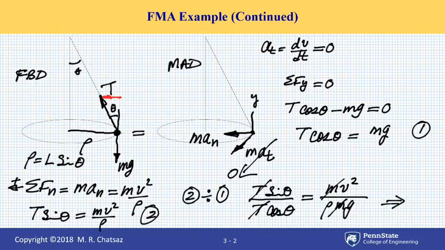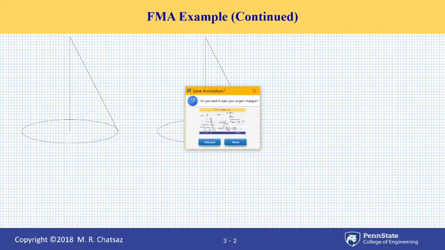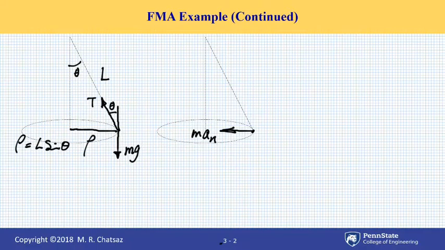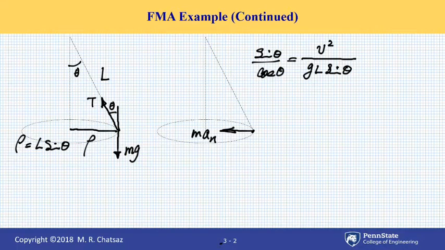So plugging for rho, I simplify the previous equation, and I will have sine theta over cosine theta equal to v squared over, if I plug for rho, g L sine theta.